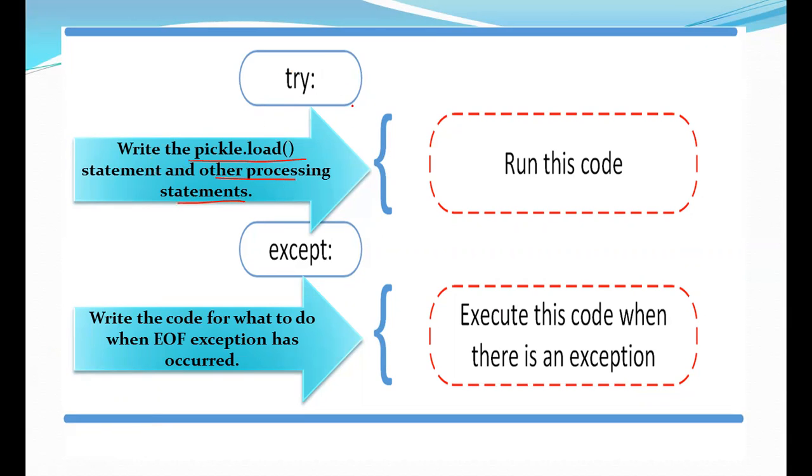If there is no error, the code runs successfully. If any exception occurs, the control shifts to the except block. Write the code for what to do when the EOFError has occurred.